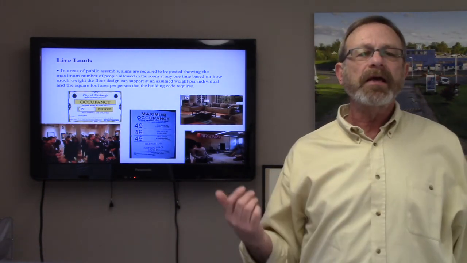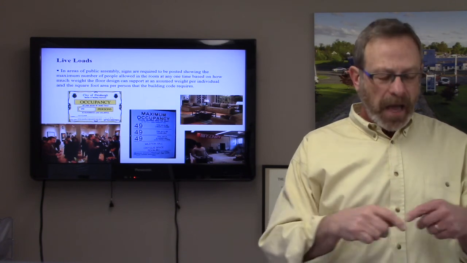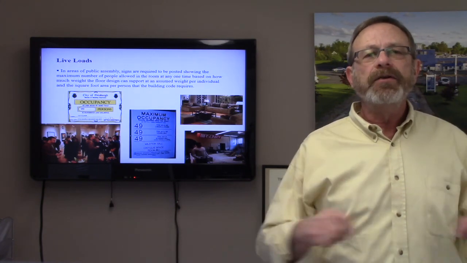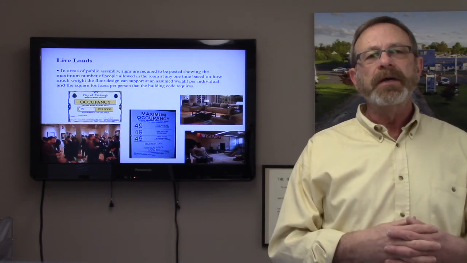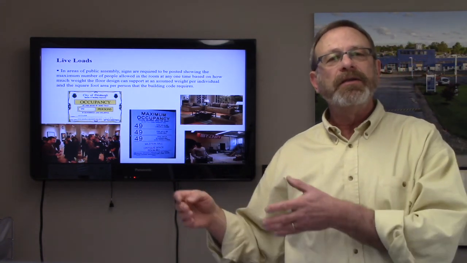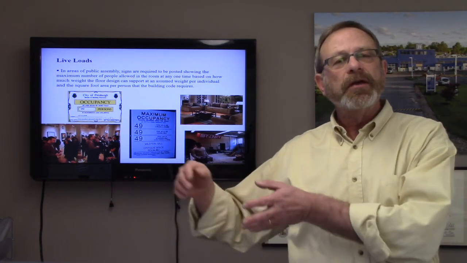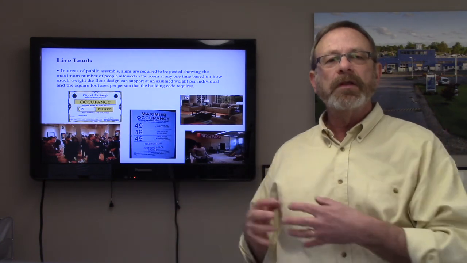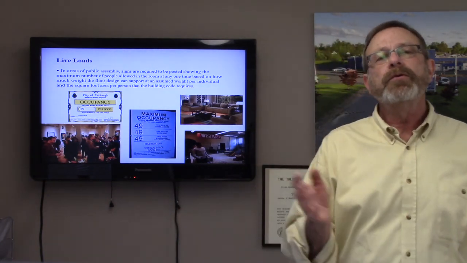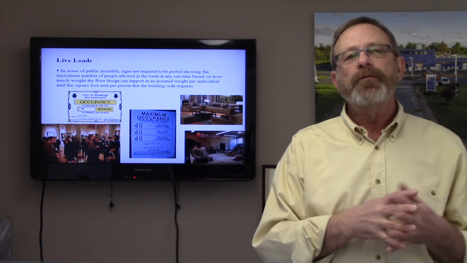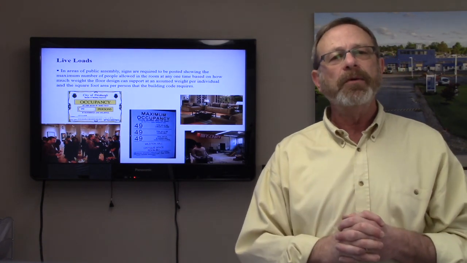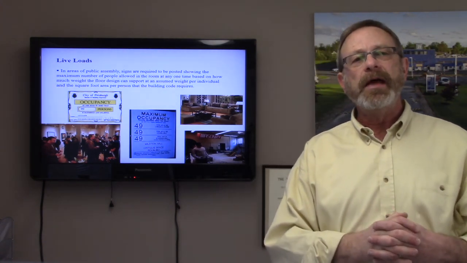So if I'm standing in that gallery, the building code might say I need to be allotted 7 square feet of my space. The person next to me needs 7 square feet for their space, and the next person needs 7 square feet, and right down the line. So if we take the size of the room and divide it by that 7 square feet, we can find out how many people will be allowed to legally occupy that space.